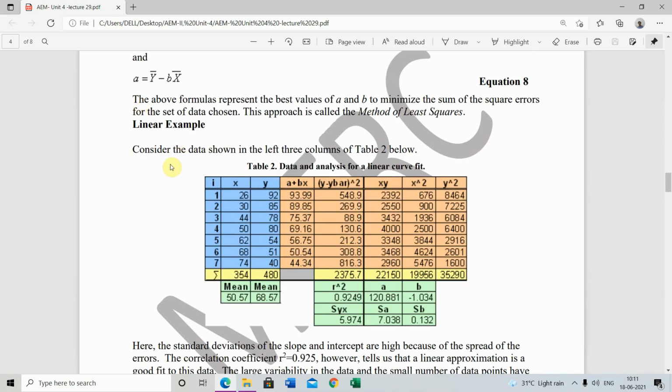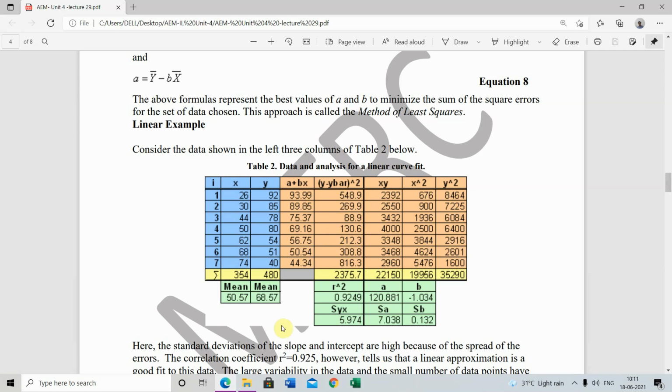Linear example. Consider the data shown at left in columns, i equals 1 to 7, seven observations, with values of x and y given, and an a plus b x column. Here the values of x and y you find, and y minus (a plus b x) whole square, xy, x square, y square.